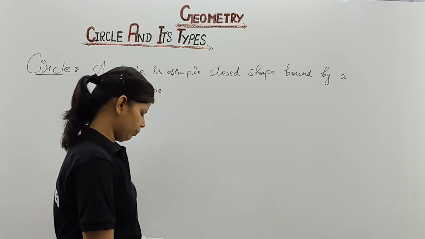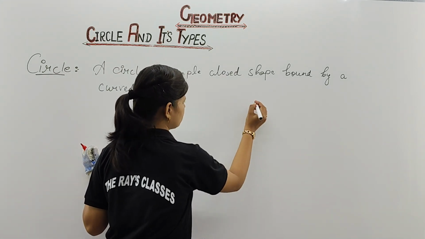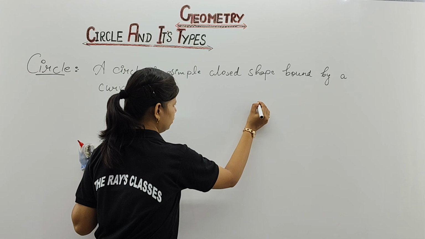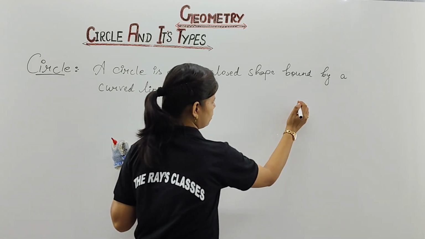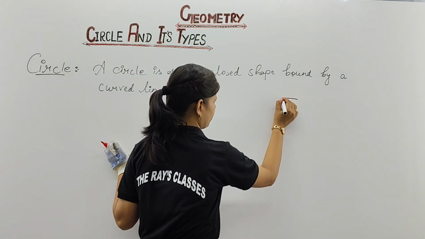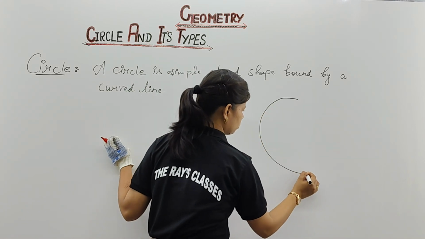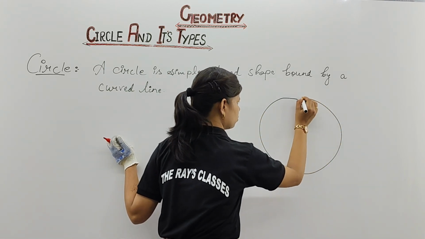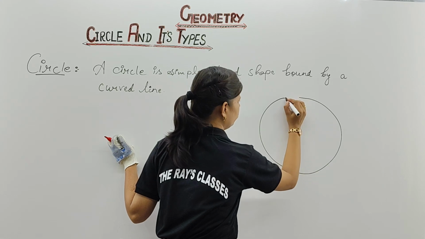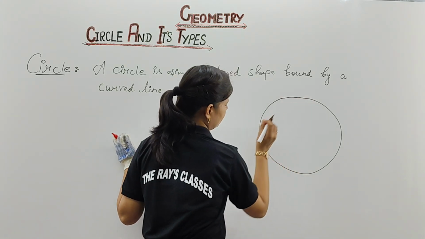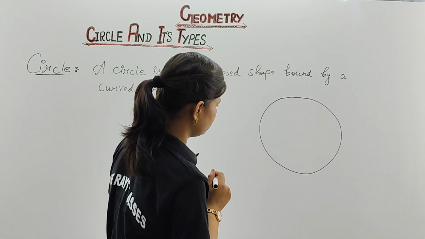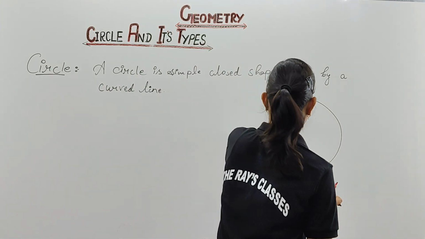You have to understand what type of shape it is. Like I am going to draw a circle here. I will take this distance, okay. Clear, no? So from here we can see the circle is not straight.